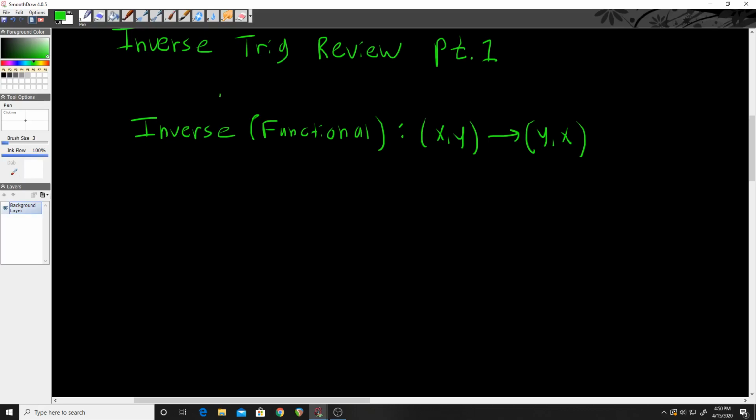That's what a functional inverse is. And if we remember a function requirement, so this isn't an inverse, this is just in any function in the world.